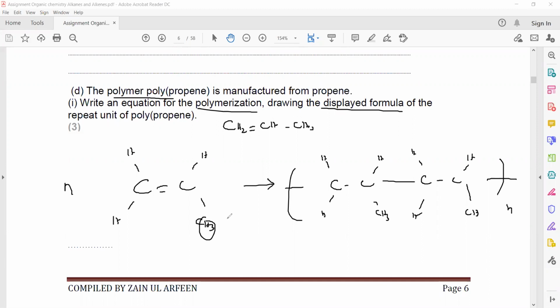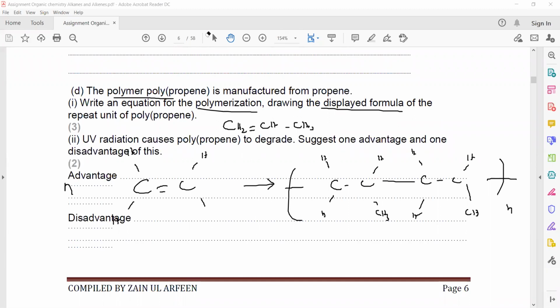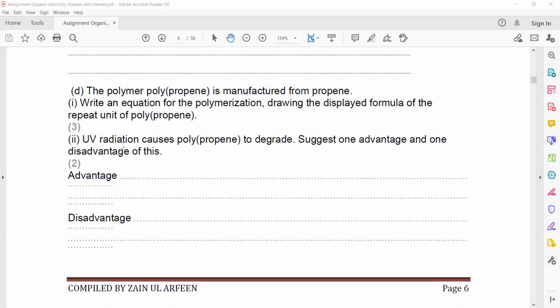But here I should represent this CH3 also, and show all of the bonds, then it will be correct. Same thing here, I circled it so that when you draw, you should represent all of the bonds.